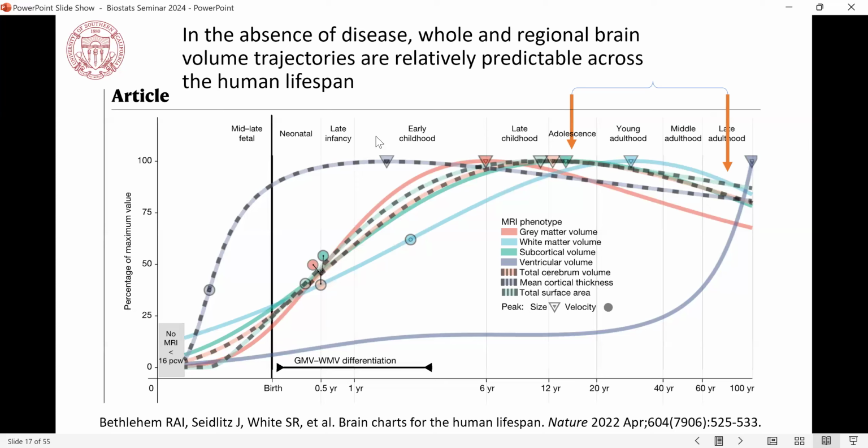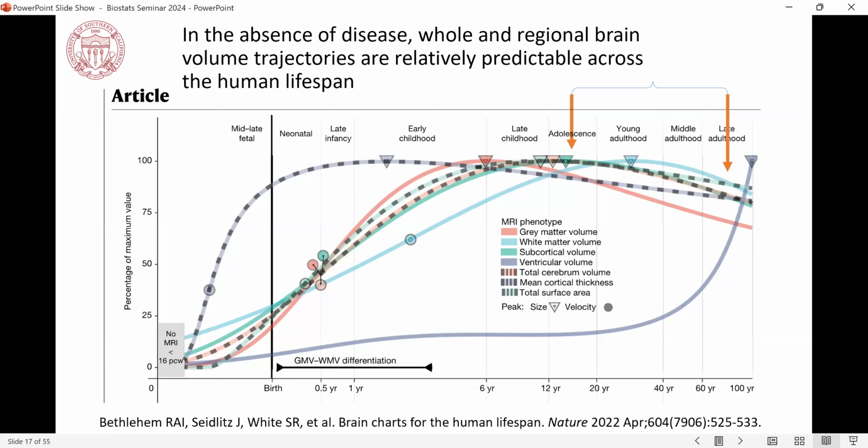Question: sorry to interrupt, but about the decreasing you mentioned, is it that the different types of matter decrease, or that the percentage decreases because other matter is increasing and growing at a different rate? These are the absolute values, not relative. Actually, it's relative.